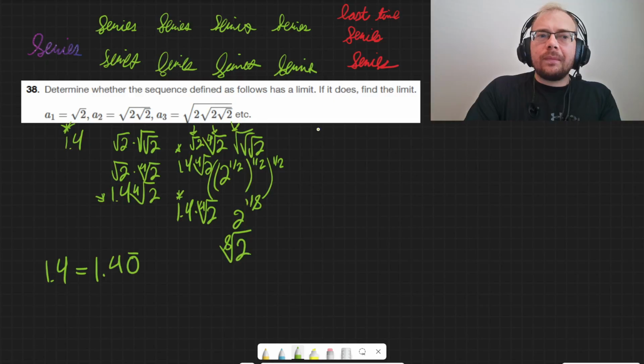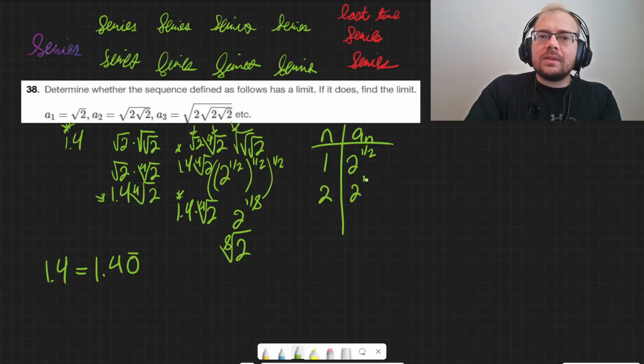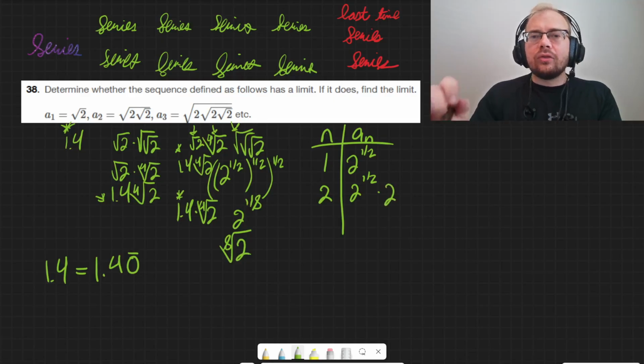So if we stack these, the first term is just 2 to the 1/2. Then the second term is 2 to the 1/2 times... it's almost like you could write a recursive for this fairly easily.